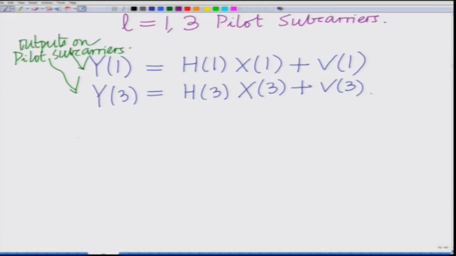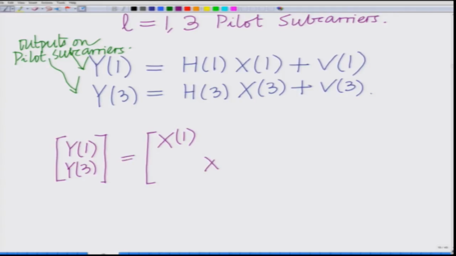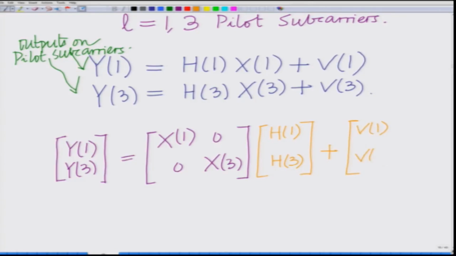Now, writing it in matrix form, again I can write it similar to what we did previously for OFDM. This is [y1 y3] equals [x1 x3] times [h1 h3] plus your noise vector [v1 v3].